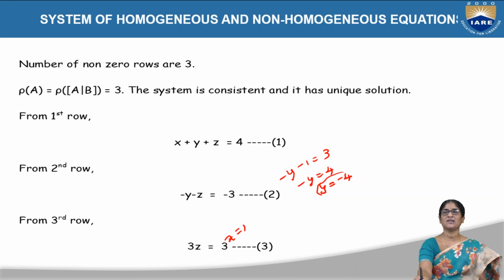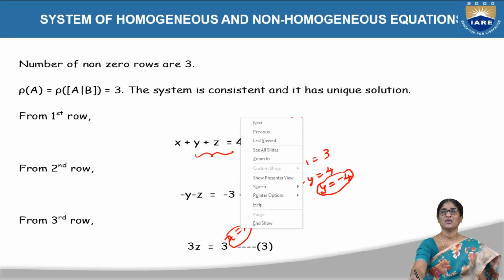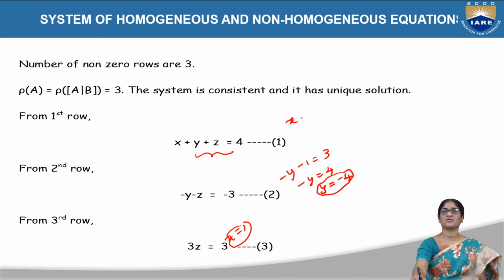With these two values, z is equal to 1 and y is equal to minus 4, we substitute in the first equation, x plus y plus z is equal to 1, to get the value of x.